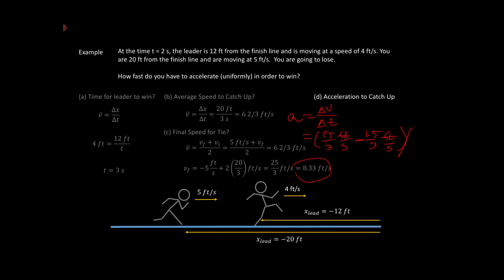And we're going to do that in 3 seconds. Okay, so that's 10 thirds feet per second in 3 seconds, which is 10/9 feet per second squared, which is 1.11 feet per second squared.